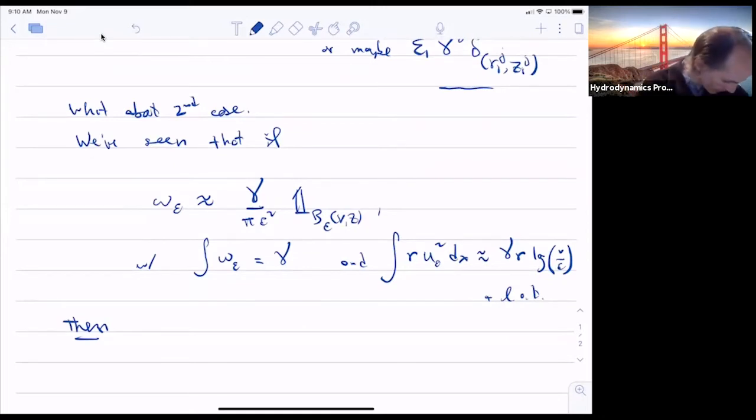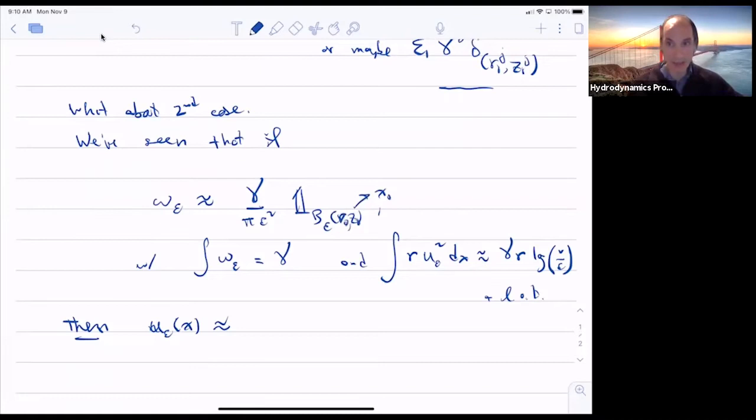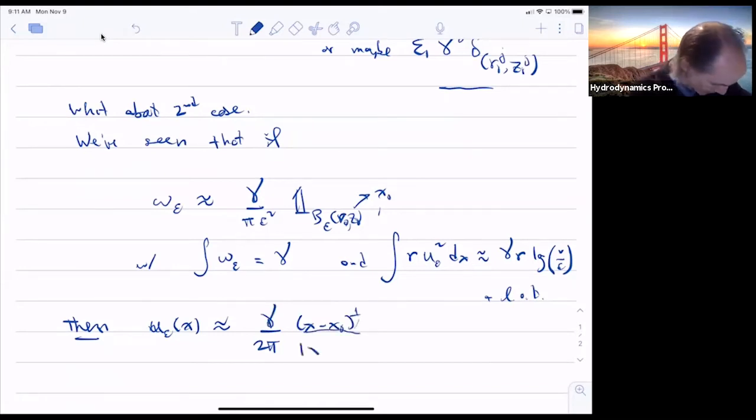And so we saw that u epsilon at a point x, let's call this point x naught, with coordinates r naught and z naught, the leading order term was really the same as in the 2D Euler equations, gamma over 2 pi times (x minus x naught) orthogonal divided by |x minus x naught| squared.